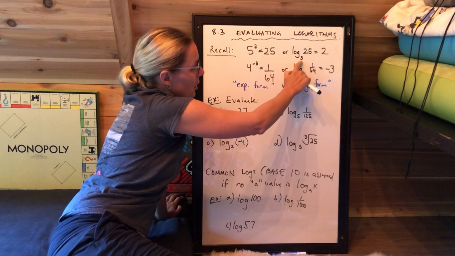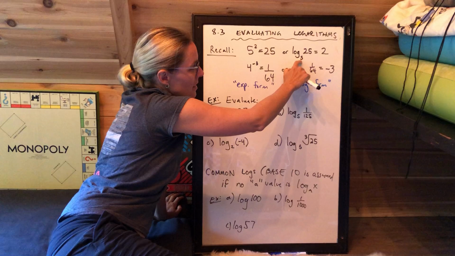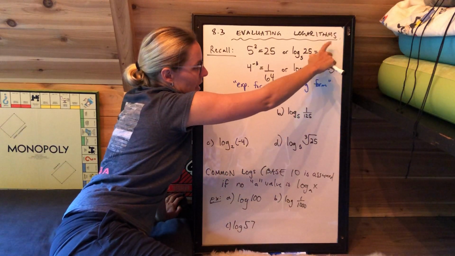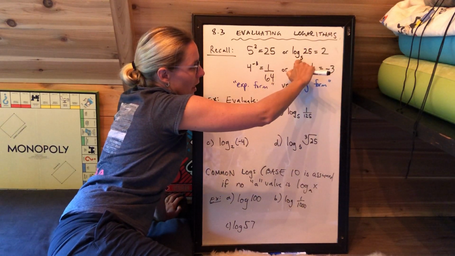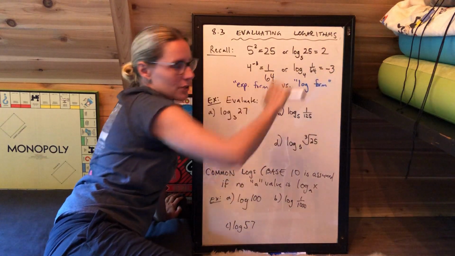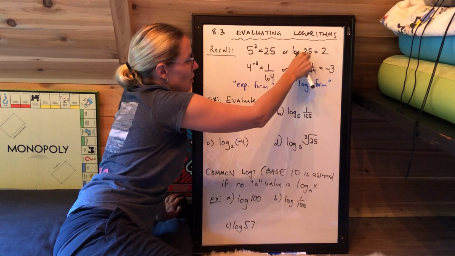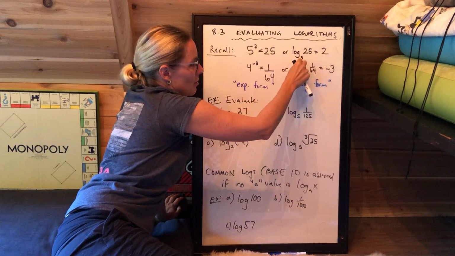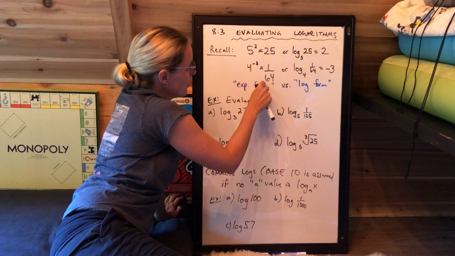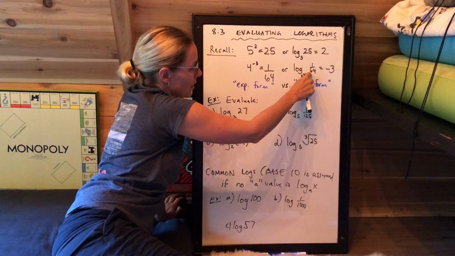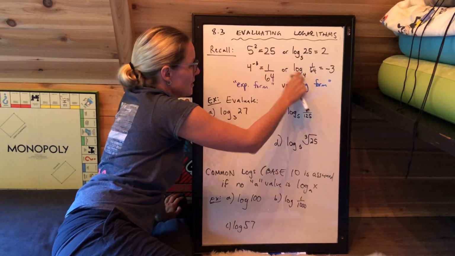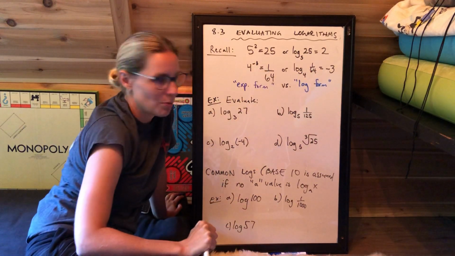Remember, in logarithms, you look at the base and you say the base to what power? So that's the answer over here in this equation. So 5 to the power of 2 gives us 25. Remember, when you're thinking about it, this is the answer, this is the exponent, this is the base. So in this one, this is the answer, the 1 over 64 goes in there. This is the base, and this is the exponent on that side.